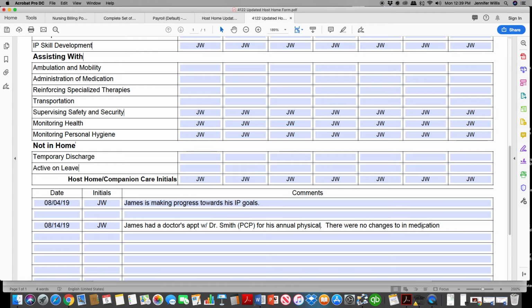There were no changes to his medication. This is how we know we're live and we're going off the top of my head. Dr. Smith, let's see. I'll go to the next line.